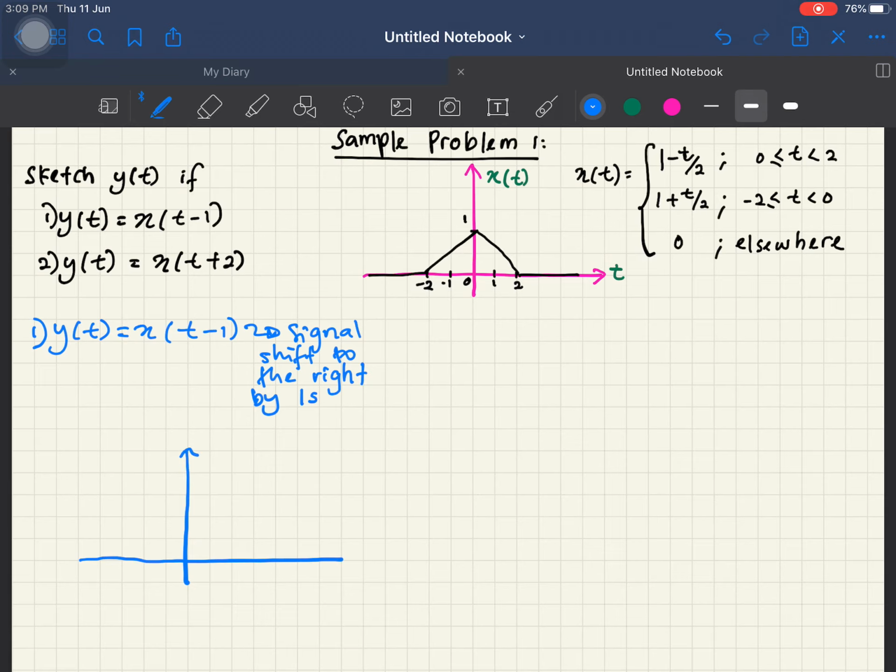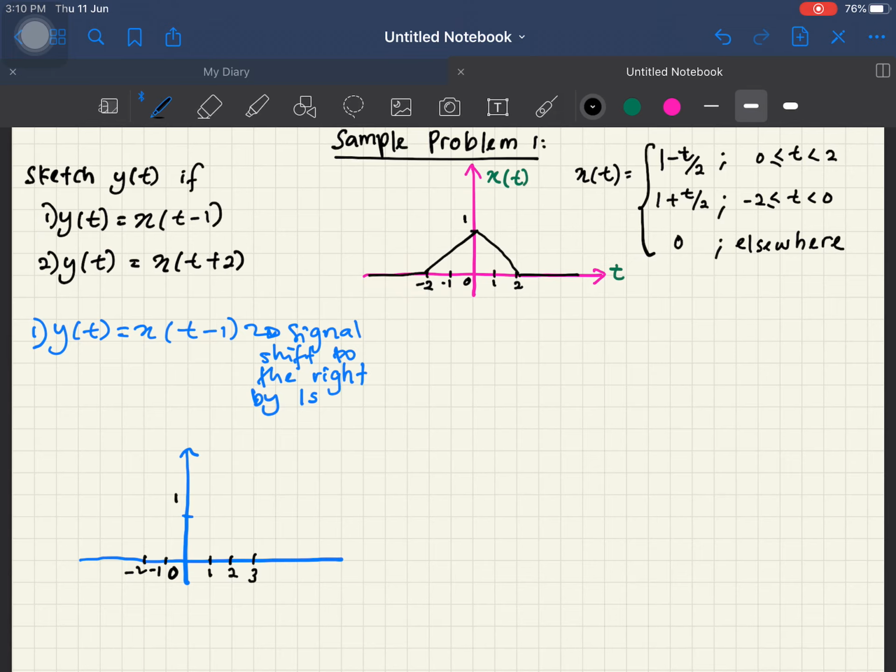The amplitude will be the same, which is 1. Let's say 1 over here, and this is 0, 1, 2, 3, and -1, -2.